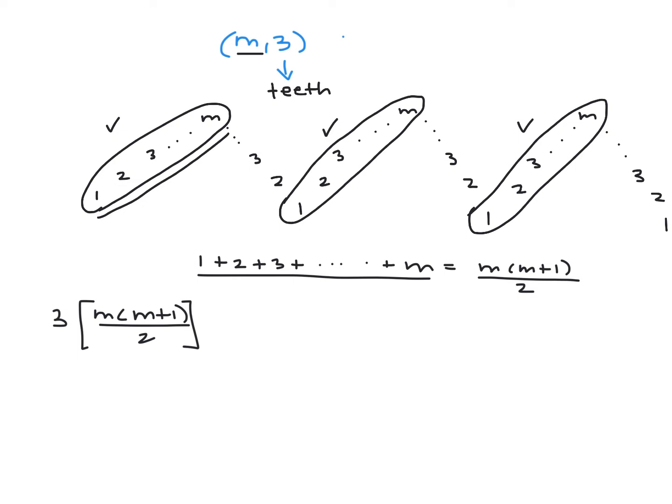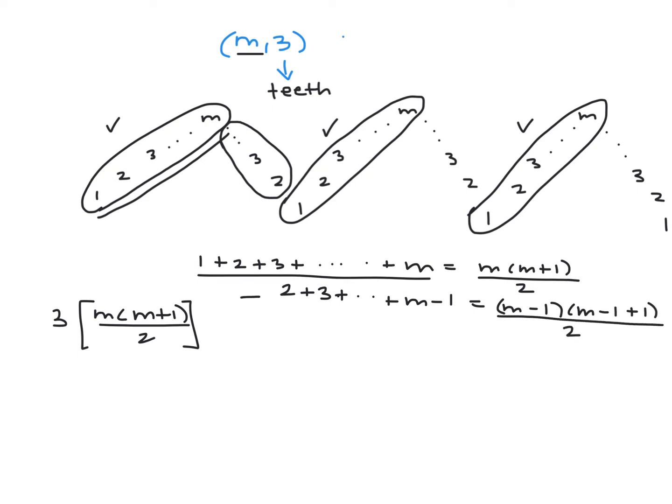Now I've got to concentrate on a few more. I've got to concentrate on this one here, 2 all the way up to M minus 1. So this is a little bit different. This is 2 plus 3 plus dot, dot, dot, all the way to M minus 1, right? So that's going to be M minus 1 times M minus 1 plus 1 all over 2.